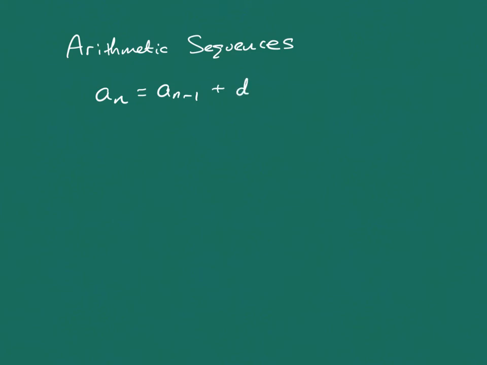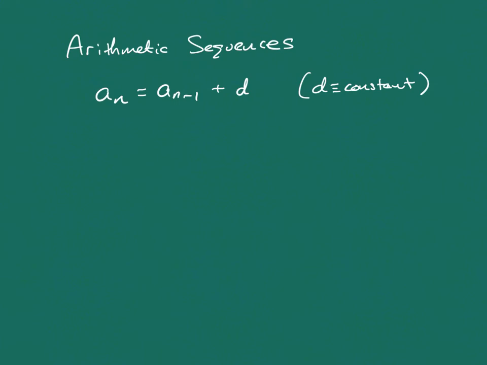Another sequence that we can define recursively is the arithmetic sequences. Now, arithmetic sequences are generated by, we start off with a sub n, and we take the element that came before it, a sub n minus 1, and we add on some number d, where this d is just going to be some constant.